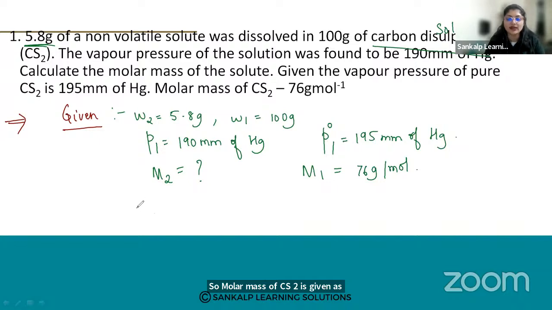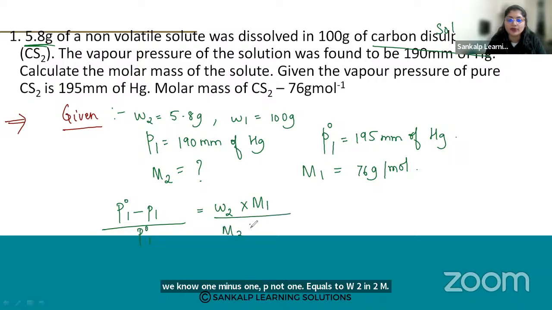Now what is the formula? Yes, we have seen the relative lowering of vapor pressure. The formula is like this: (P naught 1 minus P1) upon P naught 1 equals W2 into M1 divided by M2 into W1. Put down the things.